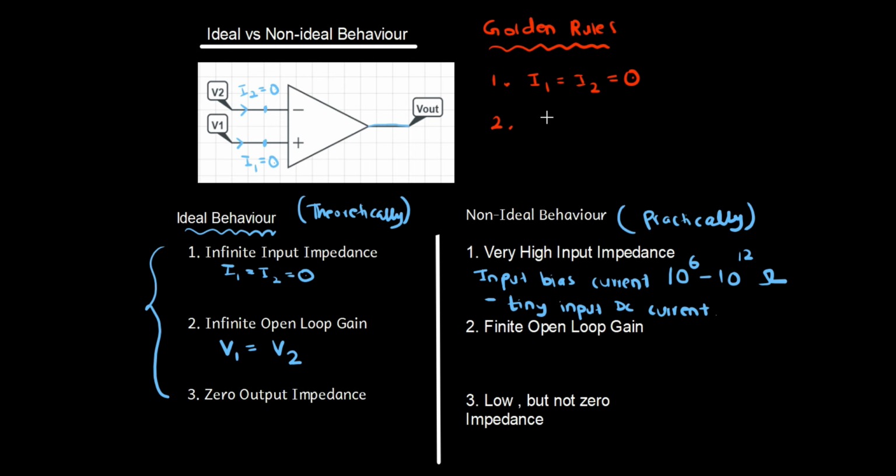Golden rule number two is the voltage at the non-inverting input is equal to the voltage at the inverting input, right?